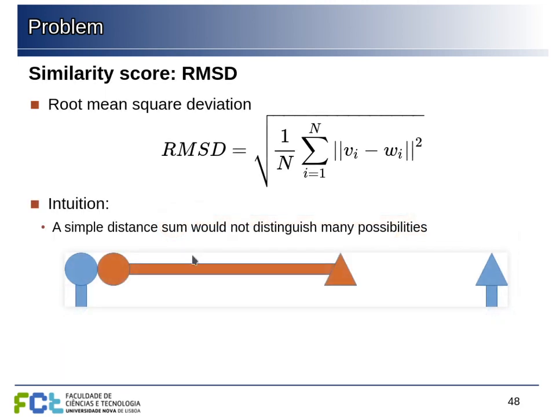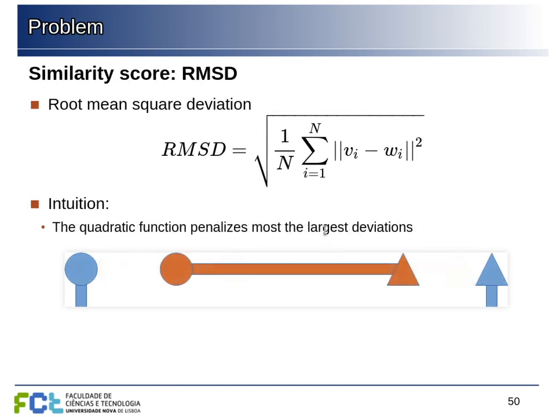And if we would simply sum the distance, then there would be many different possibilities which would give us the same sum. So whether we matched the triangle and approached the triangle to the triangle and left a larger distance between the circles, or vice versa, we would have the same sum of whatever was left over here in the distance. If we use a root mean square deviation, we have this quadratic function that penalizes larger values more.